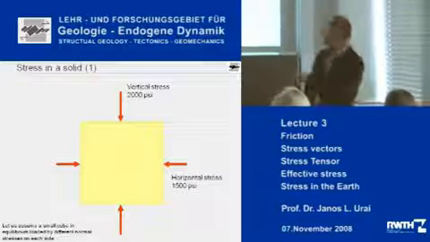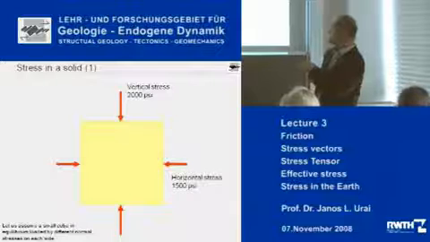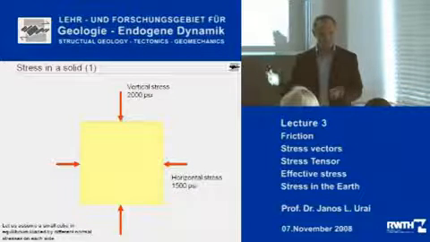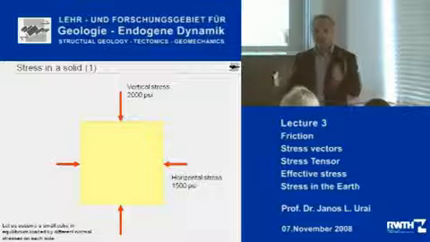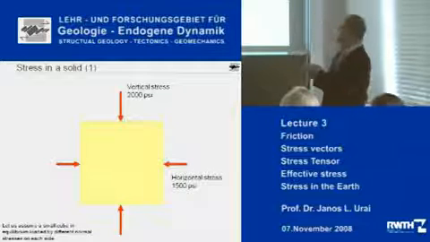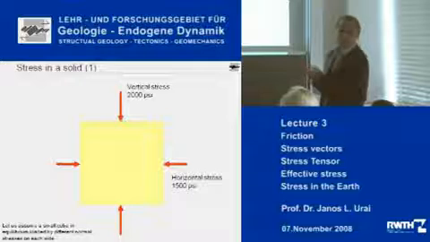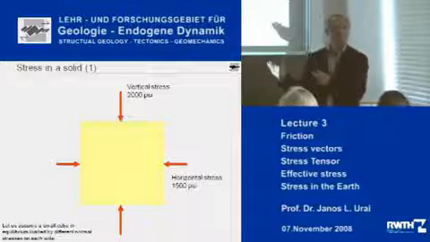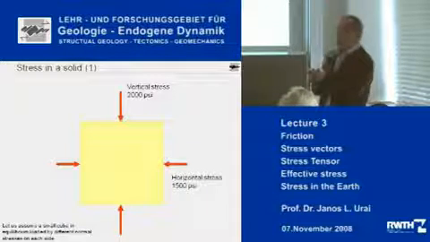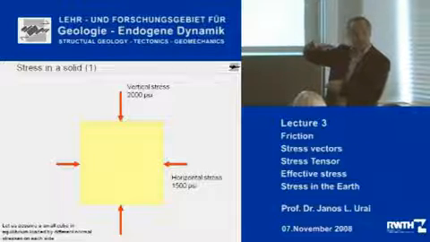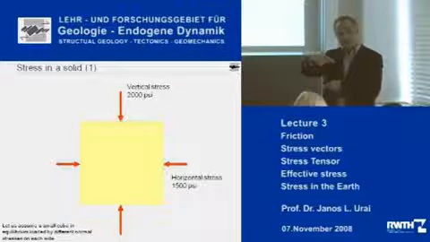Let's assume that we have a piece of solid, so it must be strong and it shouldn't break. We'll talk about breaking later, but now it is just solid. And I'm going to put a vertical stress of 2,000 pounds per square inch, it doesn't really matter what units I use here, on this side, exactly normal to the face, so I'm not pushing in any oblique direction.